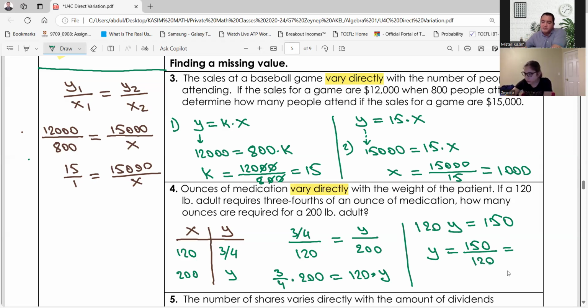Zainab, can you simplify this fraction? 0 and 0 cancel each other, then divide by 3. It is 5 over 4, which is equal to 1.25.